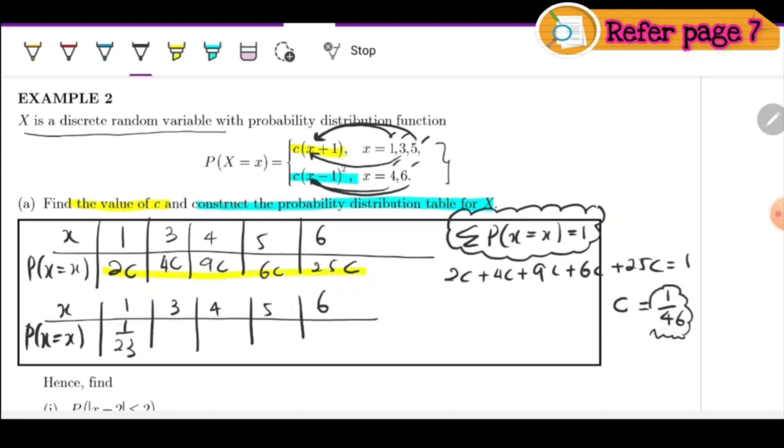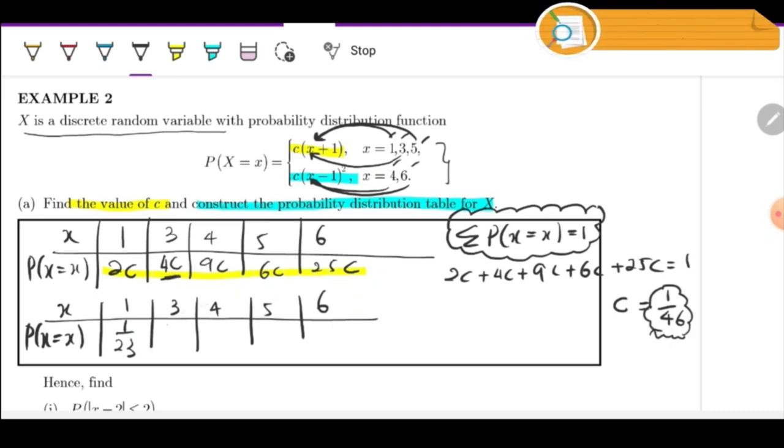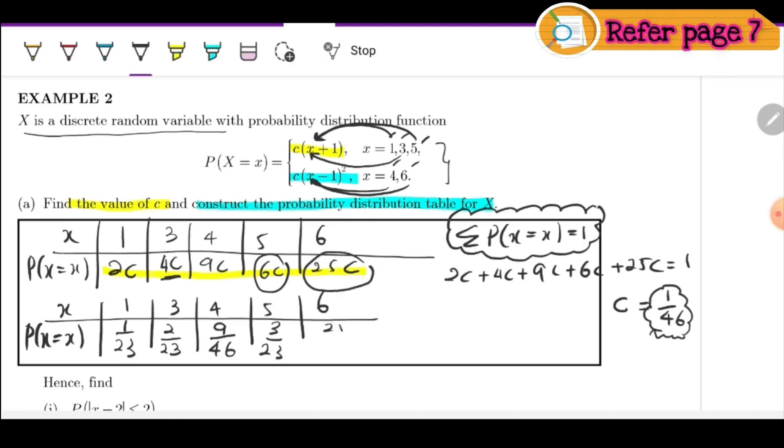Then 1 over 46 times 4, we get 2 over 23. Then we get 9 over 46. Then 6 times c, which is 1 over 46, we get 3 over 23. And finally, 25 times c, we get 25 over 46.